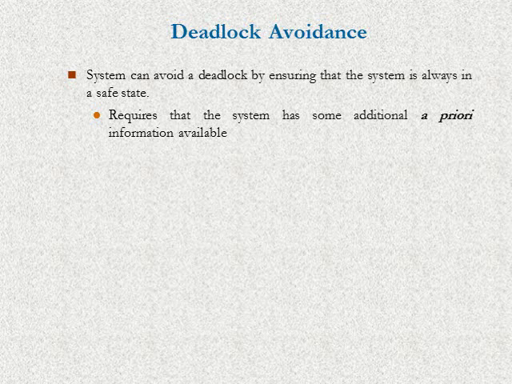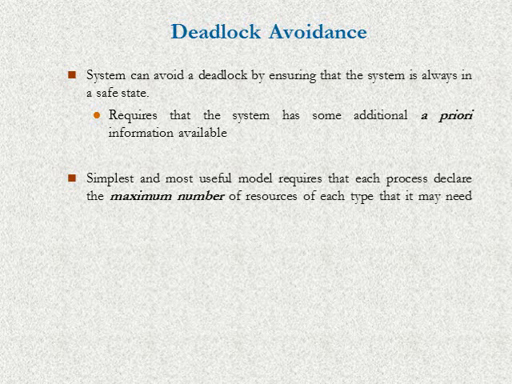However, to achieve this safe state, the system may require more information from the process before it begins its execution. One of the ways to get this information is asking the process to declare the maximum number of resources that it may require during its execution.